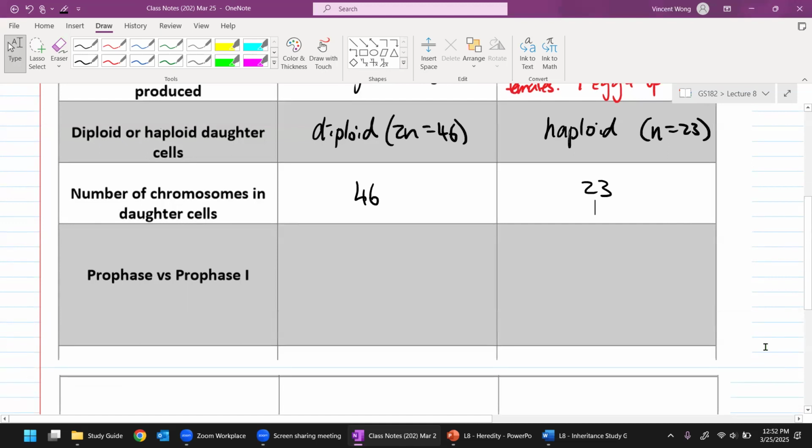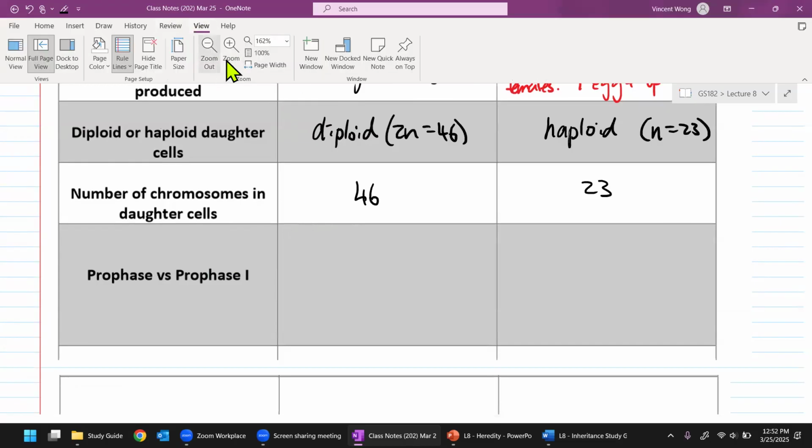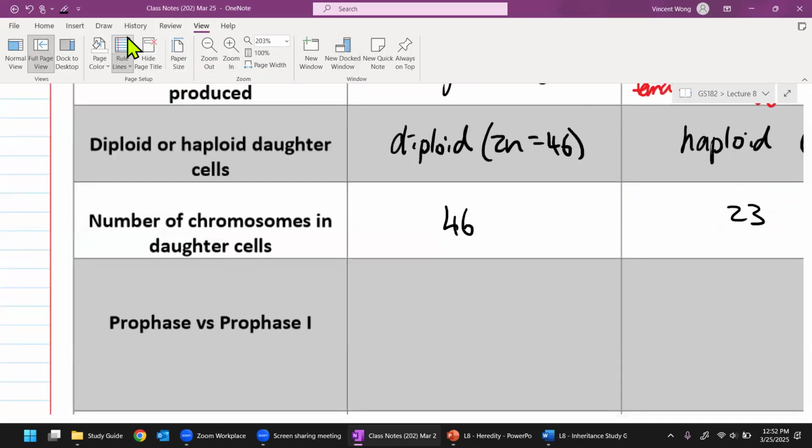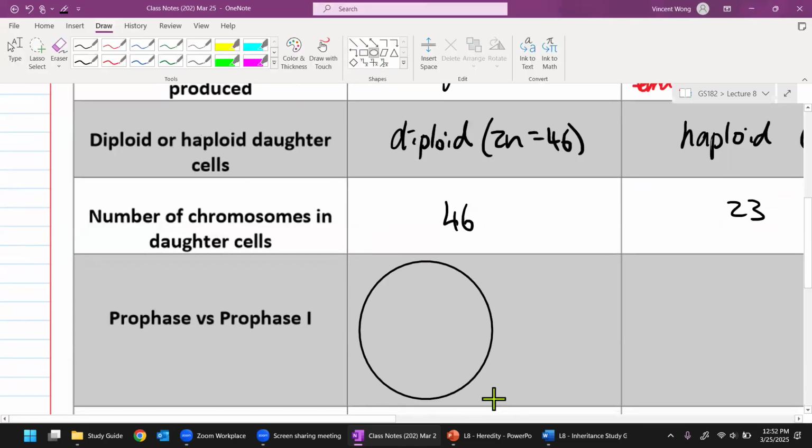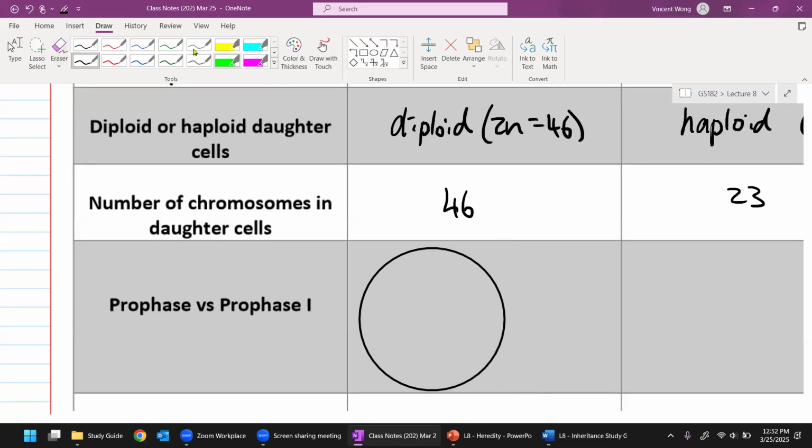Okay, you need at least 3 colors for this next part for it to make sense. We're going to draw prophase of mitosis. You already know it, but we're going to draw it again so that I can compare mitosis and meiosis for you. So we're going to have these little pasta-looking things.